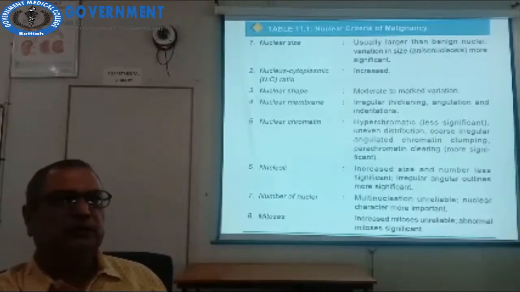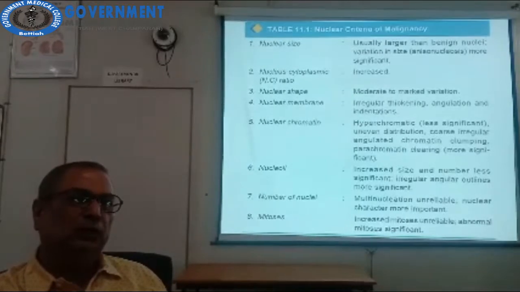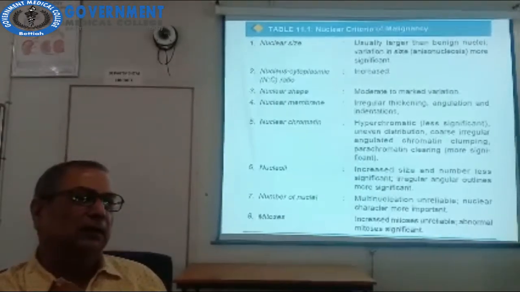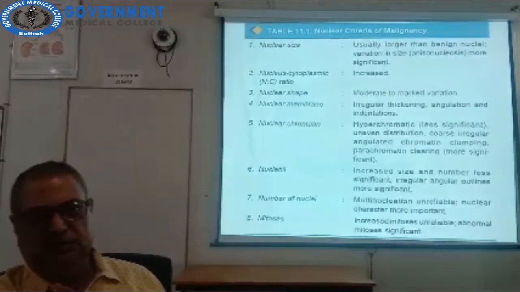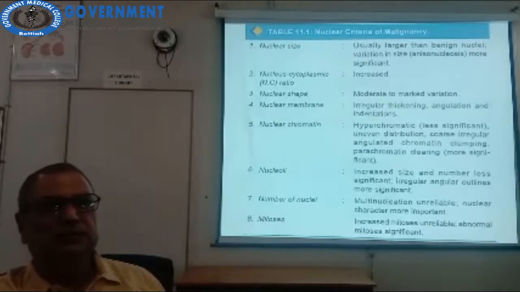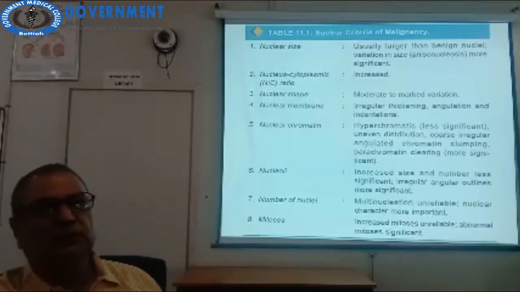The nuclear cytoplasmic ratio is increased. Due to continuous DNA synthesis, the nucleus is enlarged, and the nuclear cytoplasmic ratio is increased in cancer. Then nuclear membrane: irregular thickening, angulation and indentations are there in the nuclear membrane.